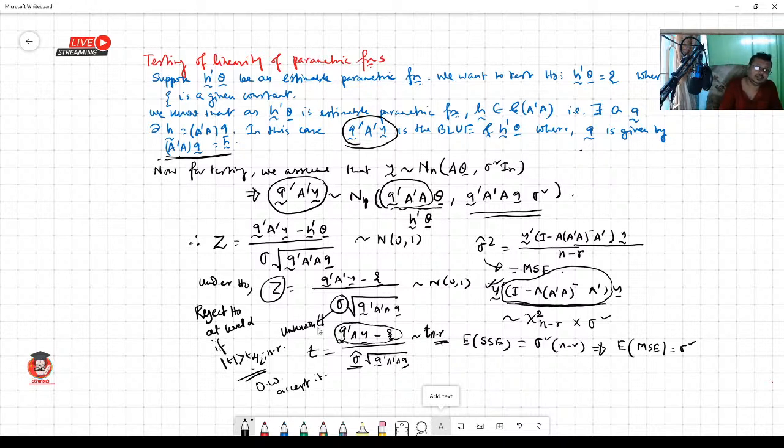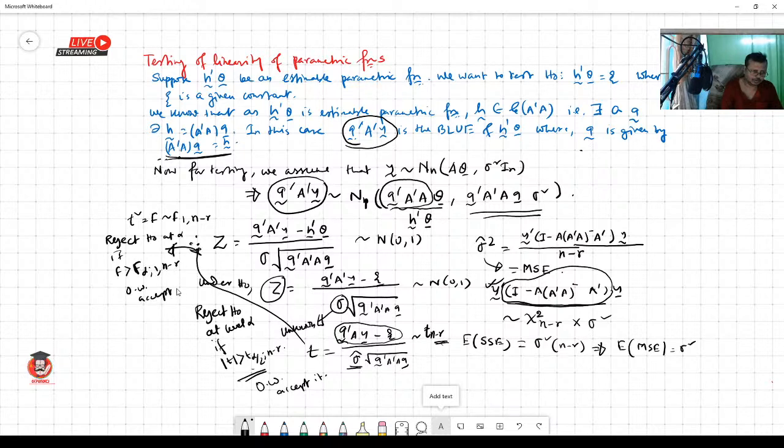Here we also see that this t square is nothing but F, where this F follows F distribution with 1 and n minus r degrees of freedom, and again we reject H naught at level alpha if F is greater than F alpha, 1, n minus r, otherwise accept.